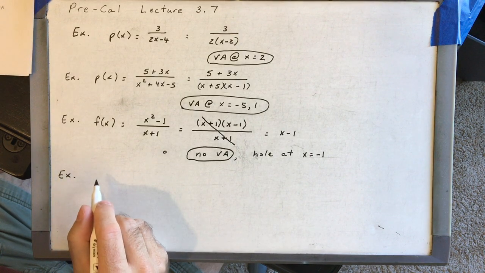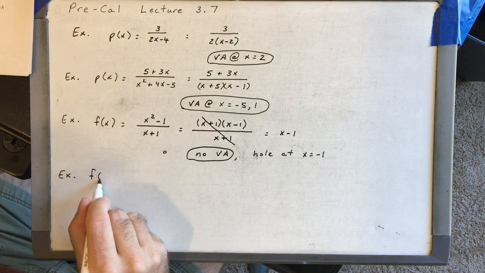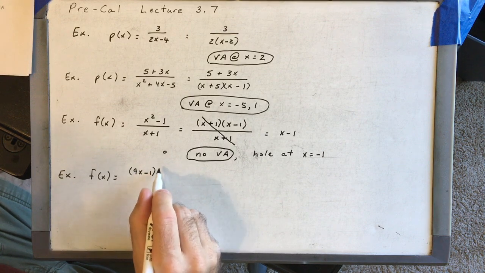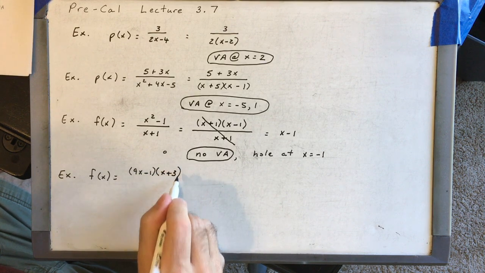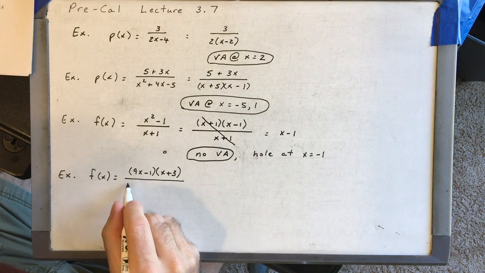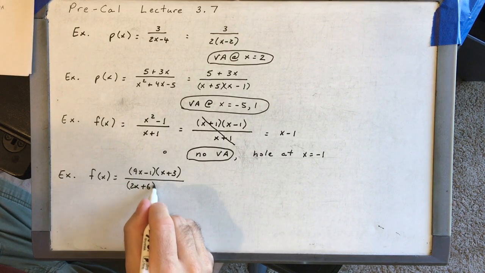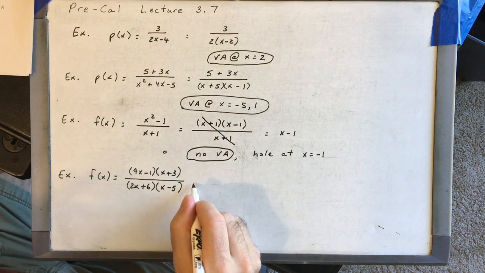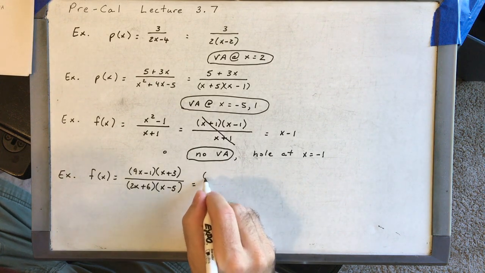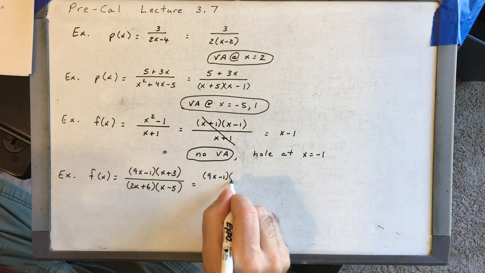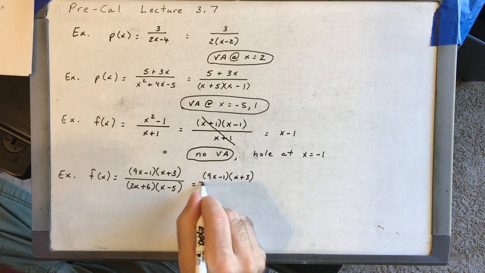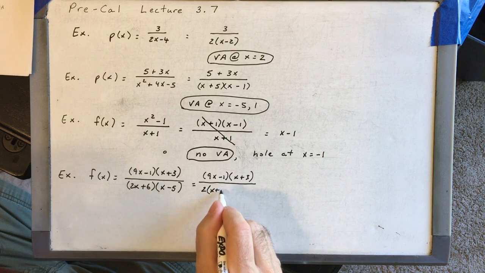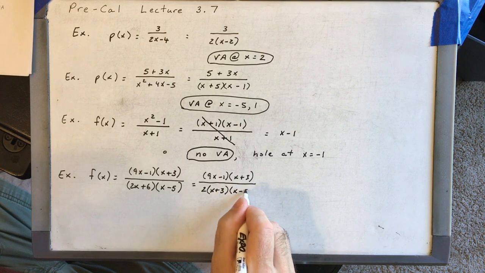And our last example on the front page of the notes, f of x is equal to 9x minus 1 times x plus 3 over 2x plus 6 times x minus 5. Well, the only thing I could factor out is a 2 on the bottom in this first term. So let's do that. 2, and then you'd have x plus 3, x minus 5.